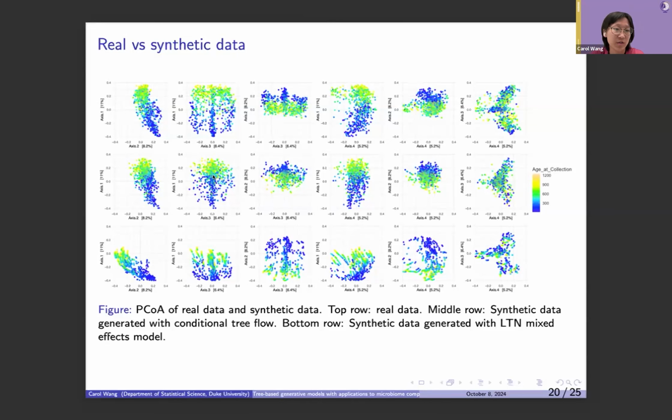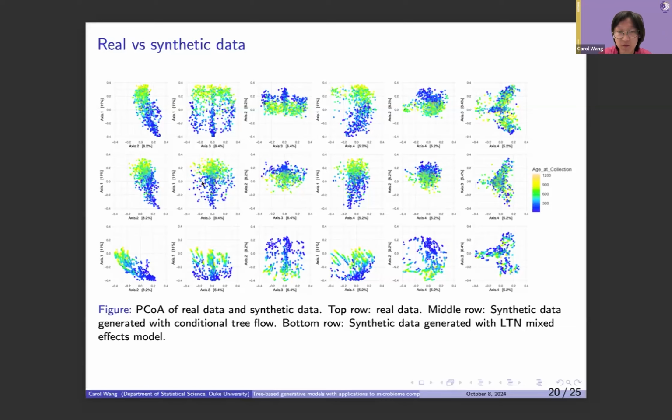And each point represents a sample, and they are colored by age. So we see that the trend of the microbiome changing with age and the association with age is preserved in both types of model, but we also see the potential of the nonparametric models.